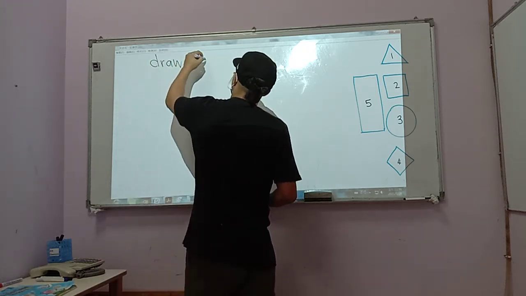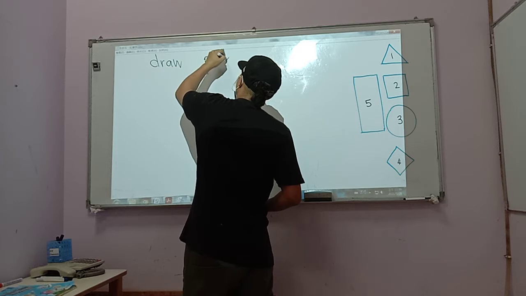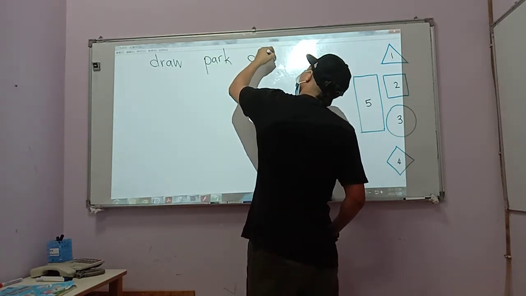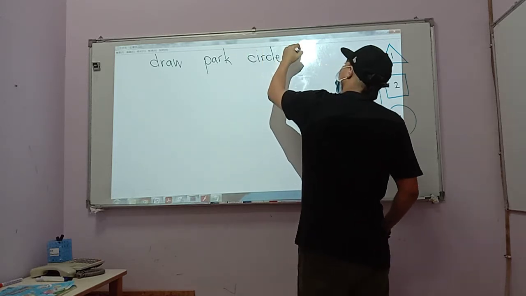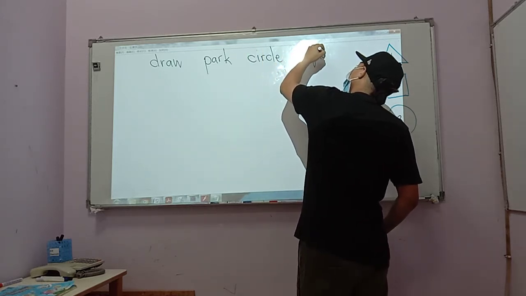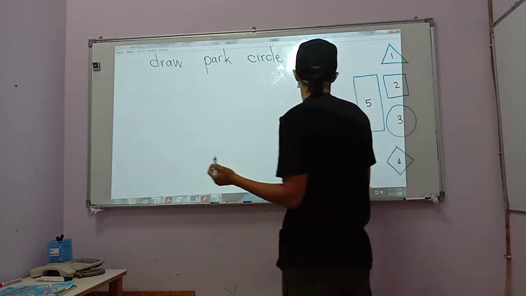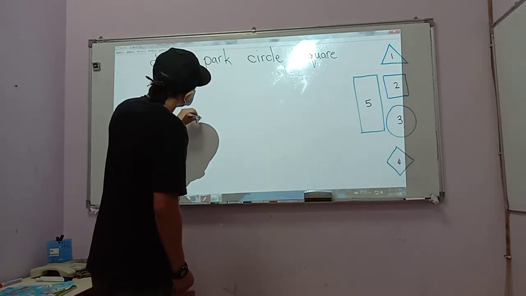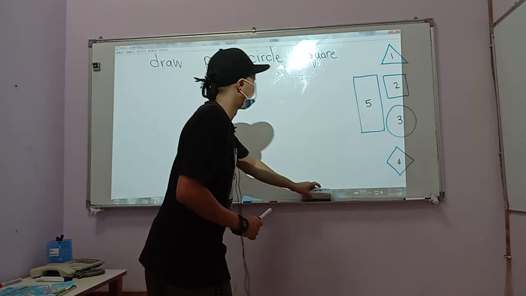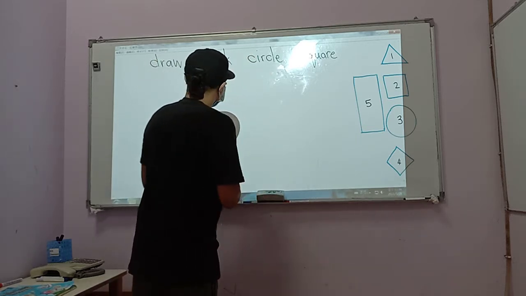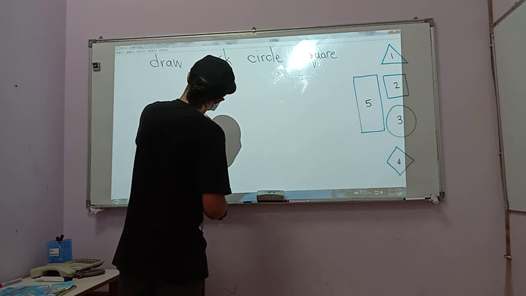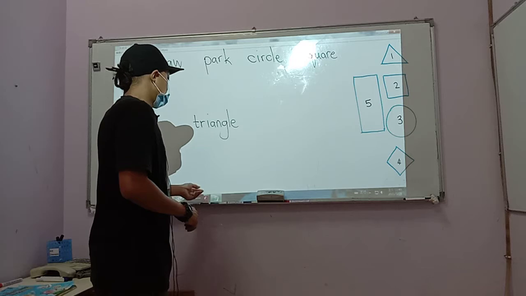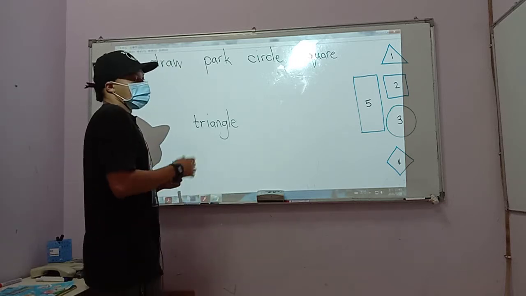The next vocabulary word is park, and then we have circle, we have square, and we also have, oh no, we don't have rectangle. We have triangle. Okay, let's see how we use the phonics.